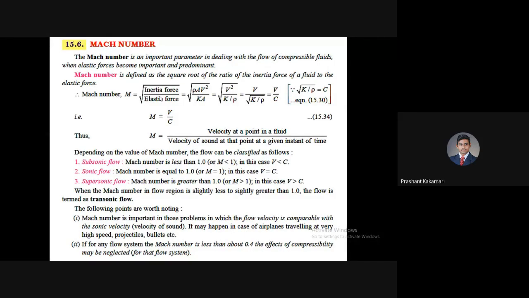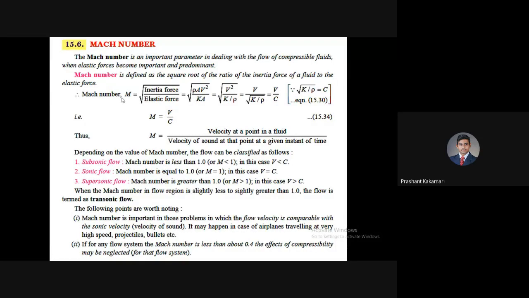In such cases, the fluid molecules are elastic in nature. So how fast this elastic property of the fluid will help the disturbance move at a given speed? By taking this ratio, inertia force to the elastic force under square root, that defines the Mach number. So this is the definition.